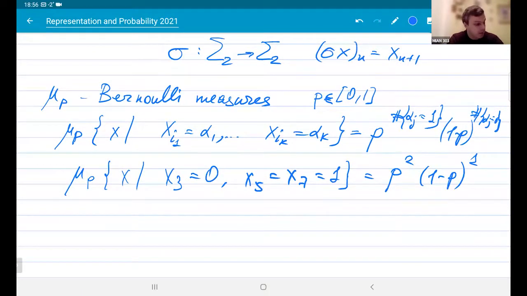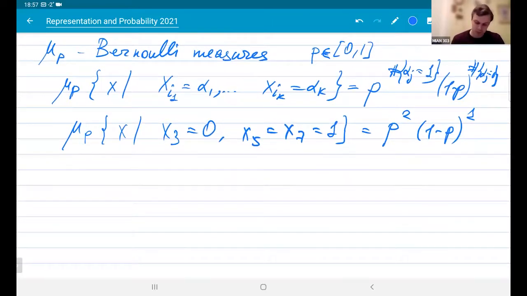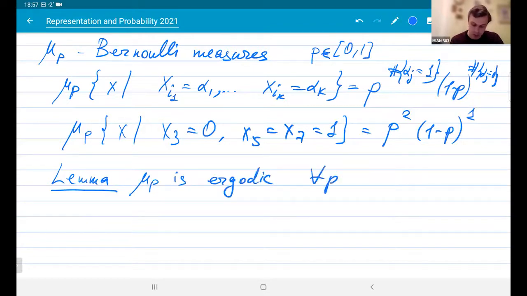Okay, so the lemma is that mu_p is ergodic for every p. Let us now believe in this lemma for some time, for any p here.